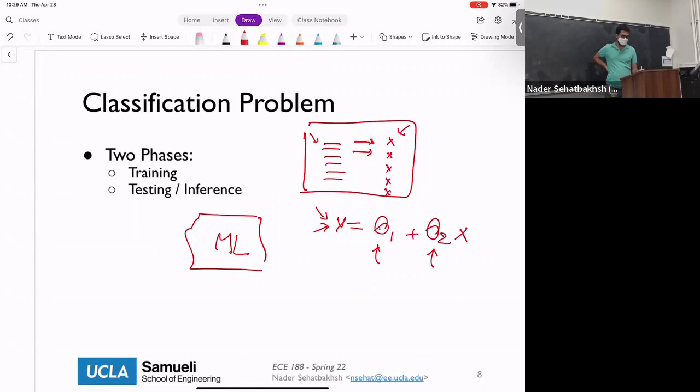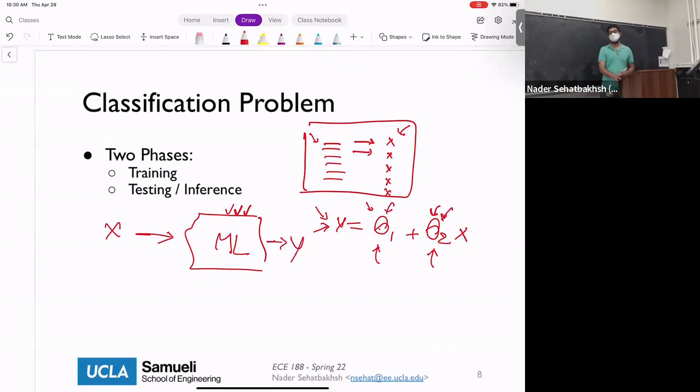And this way the problem becomes, okay, how to learn these two specific variables. In order to learn this, we need to iteratively go through our training data. Once we have that, and let's say we learn the system well enough, now it's time for the testing or the inference. Now it's time to actually use this model for some unlabeled data. So the next time there is a new x coming into the system, we use this model with these two values, and we're going to find this y.